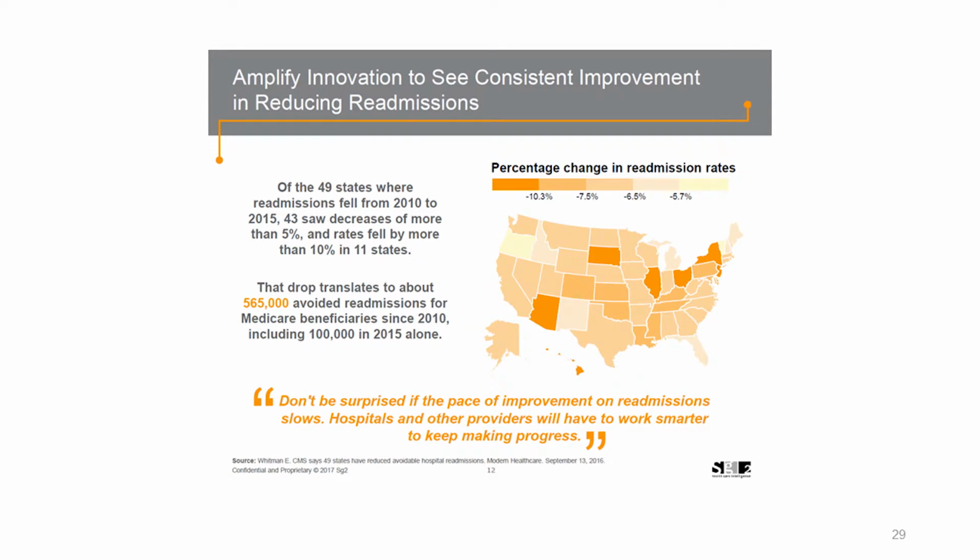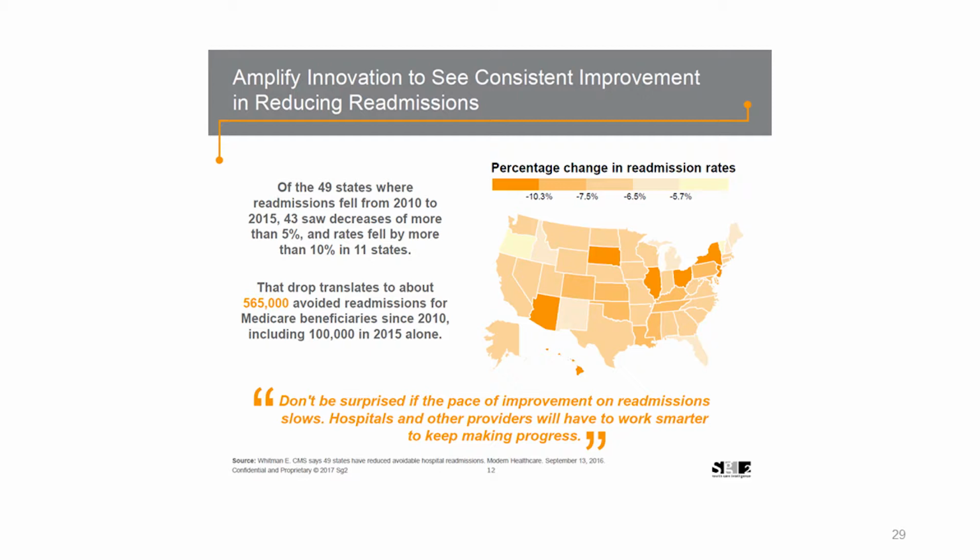You can see readmission. This is one of the areas that Medicare is really focused on from a payment standpoint. You do currently get penalized for too many of what they would consider possibly avoidable readmissions. Once they implemented this into the payment structure, 43 of 49 states saw decreases of more than 5% in readmission rates, and rates fell by more than 10% in 11 states.